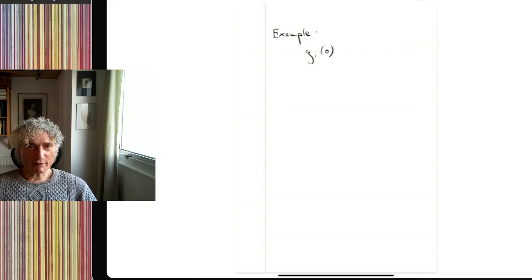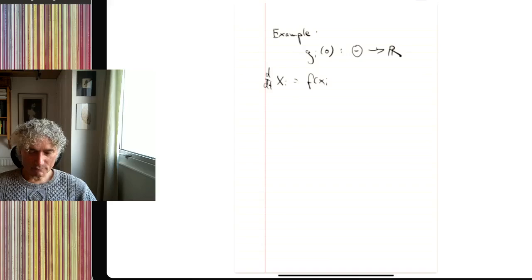Remember, g i was a mapping from the parameter space Theta to R. Say you have a differential equation, something like d x i over dt is given by f of x 1 up to x n, where these small x i are, for example, concentrations of a chemical.